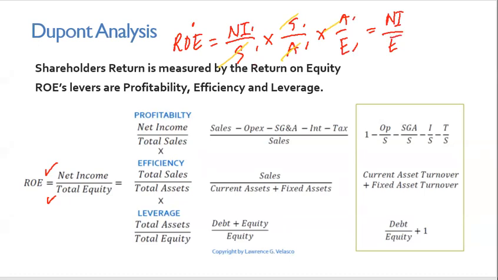And then the result will be net income over equity, which is ROE. Okay? Right? If you write it this way, actually, itong bawat item na to, meron silang meaning.